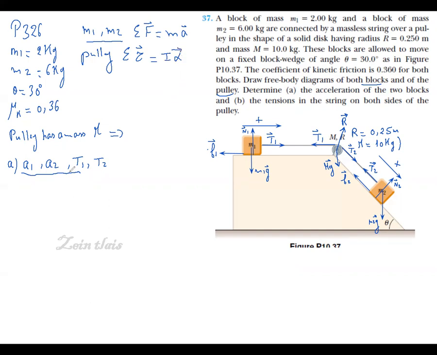Let's start with M1. Here we take M1. First of all, you have to know the positive direction. I take the positive to the right, like this.